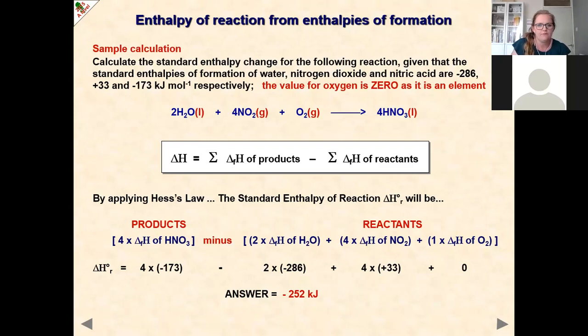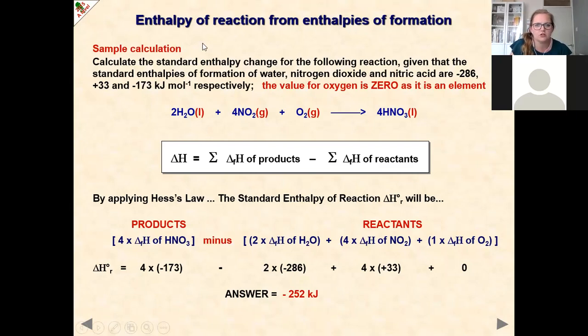So let's have a look at what our enthalpy of water would be. We're doing enthalpy of formation, so we're going to look at how much energy is required to form these. We've got formation of water, and we've got 2 lots of water here.